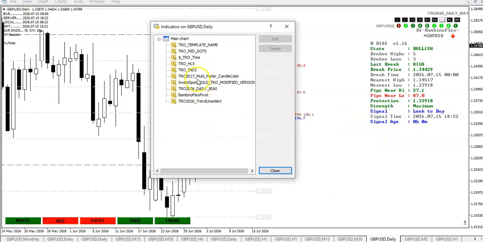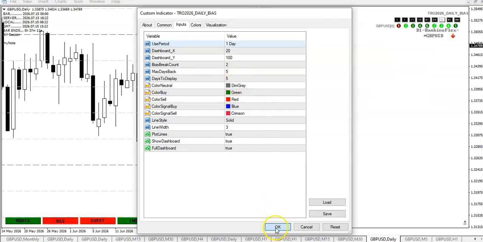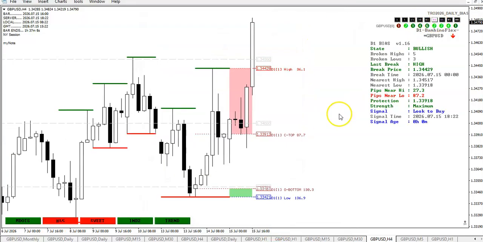And what I usually like to do is I usually have it set to daily, and I like to look at it on an H4 chart, because H4, you know, these candles usually have a pretty big range, especially the 1600 candle, which is my 6 o'clock candle, which is the first candle of the New York session. A lot of times you'll make the high or low of the day on that candle.